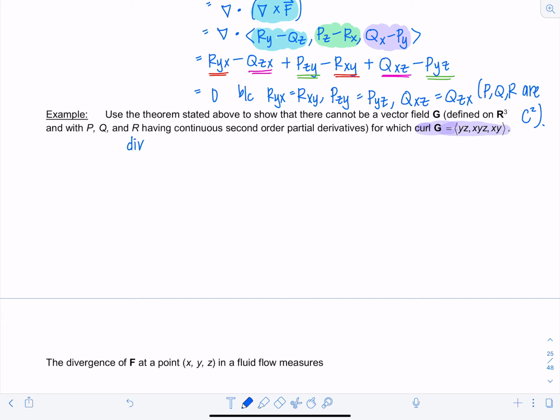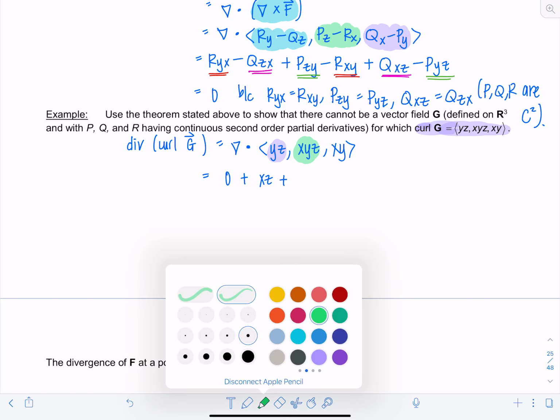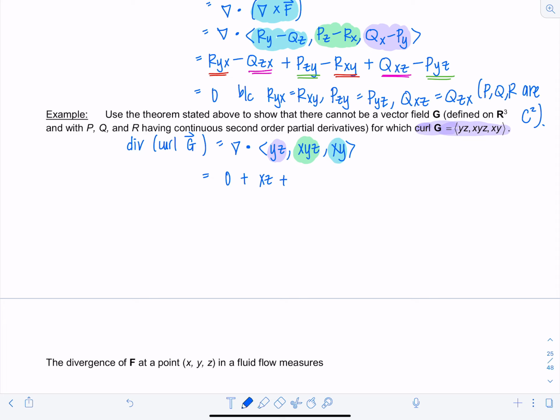So the divergence of the curl of this vector field G in question is going to equal the differential operator dotted with YZ, XYZ, XY. Okay, so take the partial derivative with respect to x of YZ, that's 0, so far so good, plus the partial derivative with respect to y of XYZ, well that's XZ, plus the partial derivative with respect to z of XY, that's 0, but notice I'm still left with XZ, which is not 0, and that contradicts the theorem.